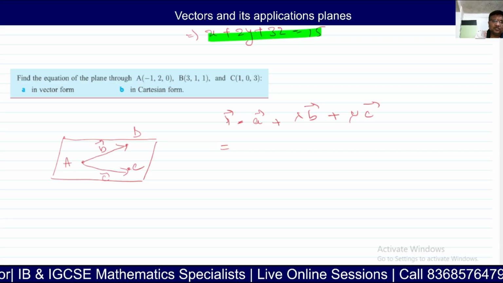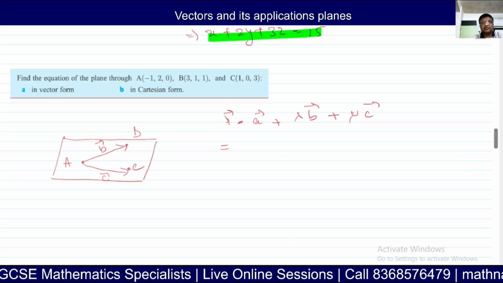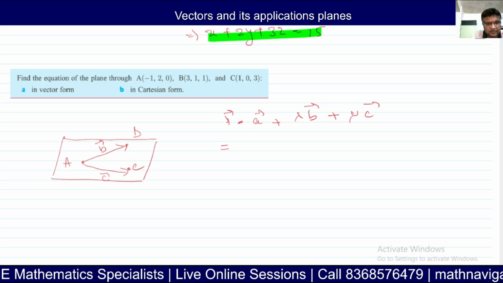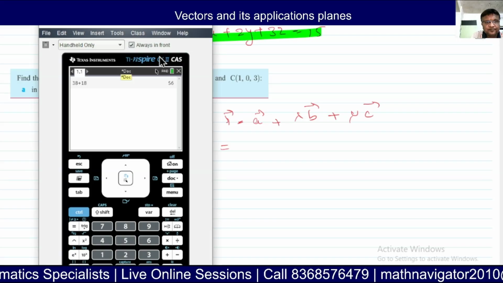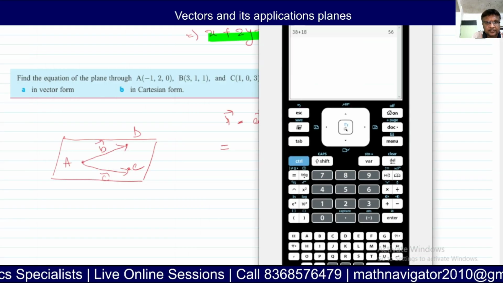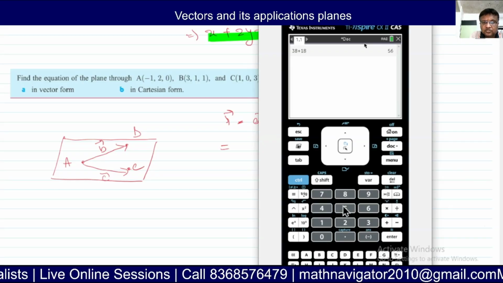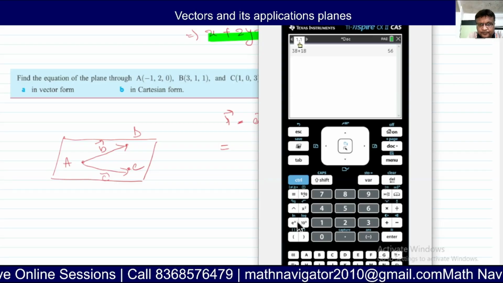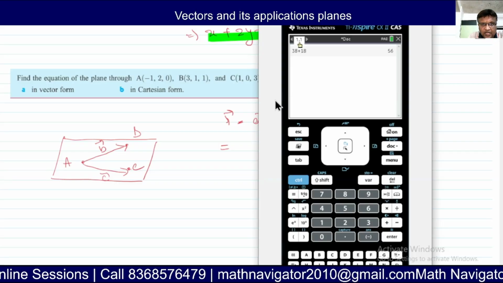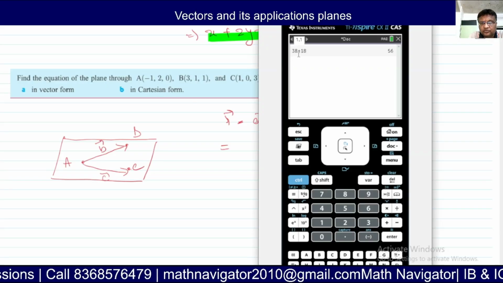So let's do it on the calculator. I'll store these vectors as vector A, vector B, and vector C, and then I'll solve it, right? So you will understand also how to solve this by using the calculator. Let's see. So how to store it on the calculator? I'll just explain. My vector A will be (-1, 2, 0).